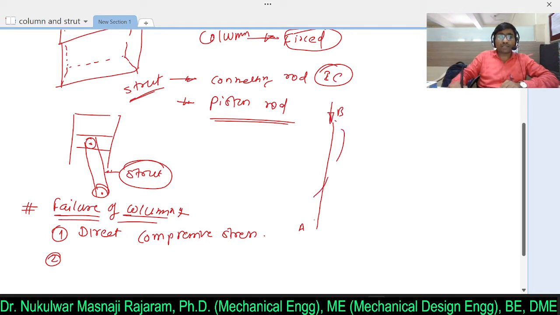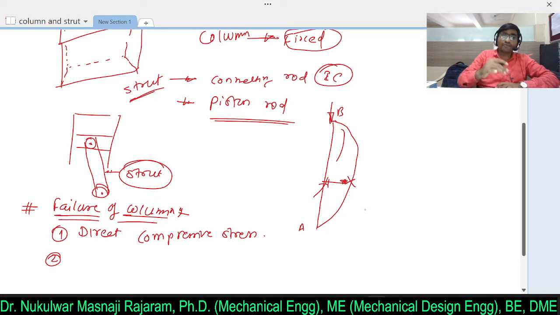It will start to buckle. Then failure. We learn the theories of failure in the unit 6 video. Failure means if the elongation is beyond the plastic limit, then it's called a failure. There is no need to break the entire column. Even if it goes beyond the elastic limit, it's also called a failure.